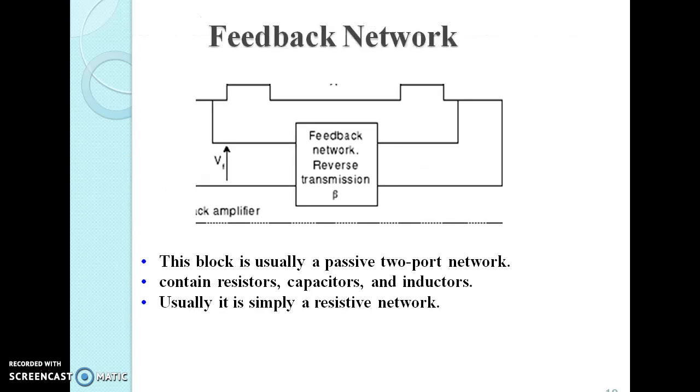So now what is a feedback network? This block is usually a passive two-port network which may contain resistors, capacitors or inductors. Most often it is a resistive configuration. That means this feedback network consists of resistors.